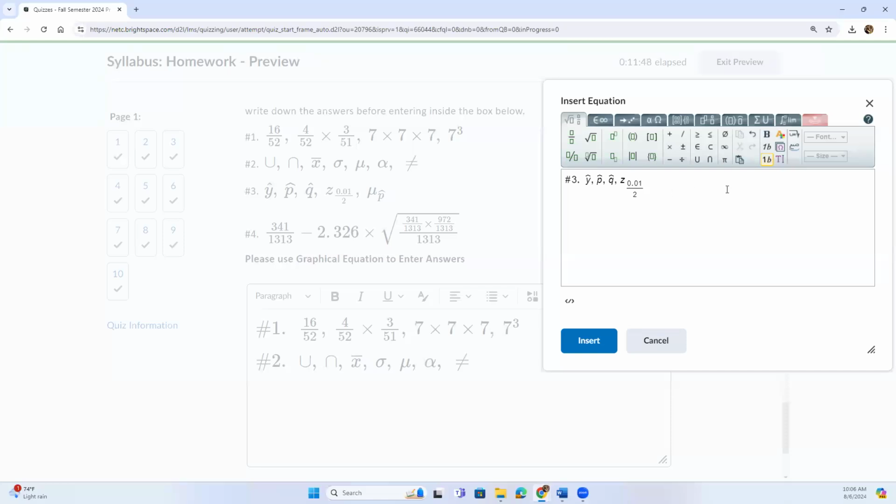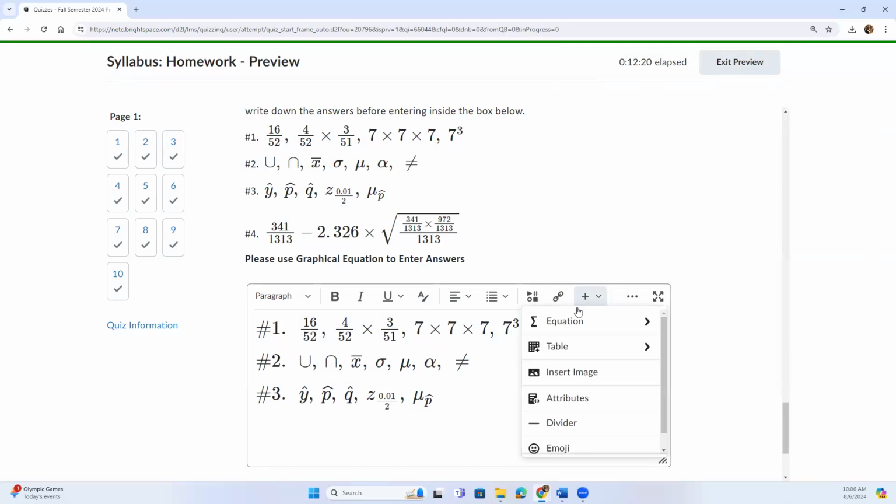So I'm gonna use my right arrow key to come out, to put my cursor right next to the entire z sub 0.01 over 2, comma, space. All right, this is called mu sub p hat. So go back to the Greek letter mu, first tab, subscript. Then I will go to the hat thing, and then type in letter P there. There you go.